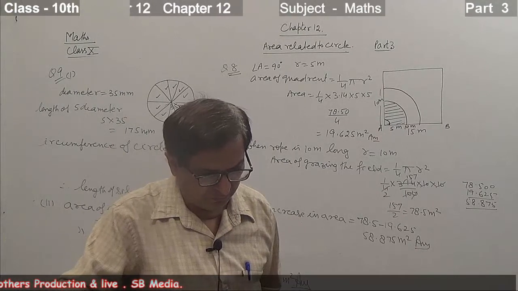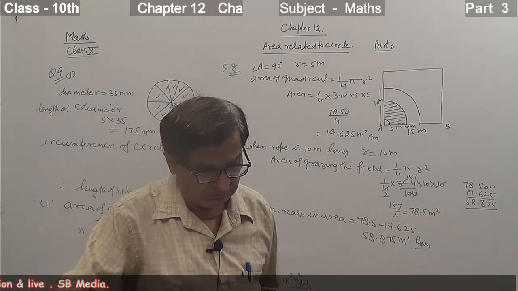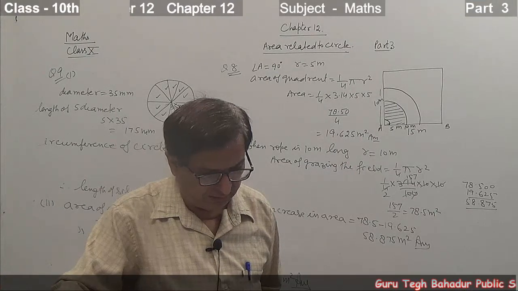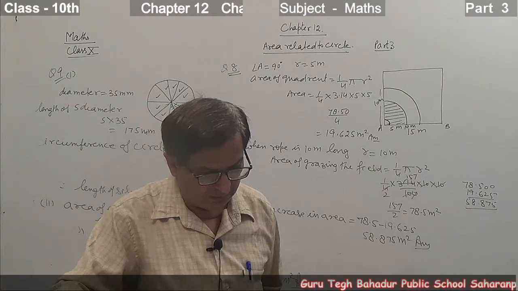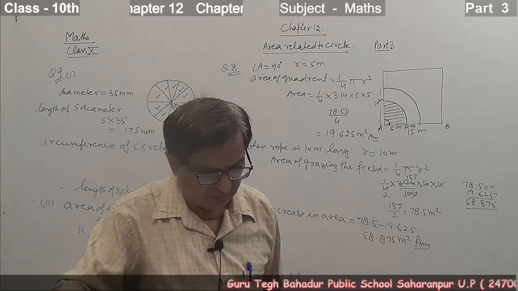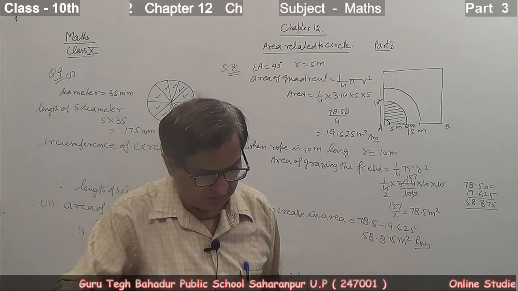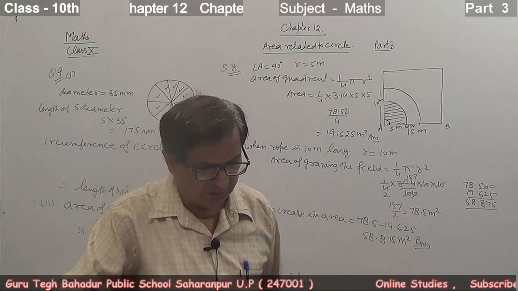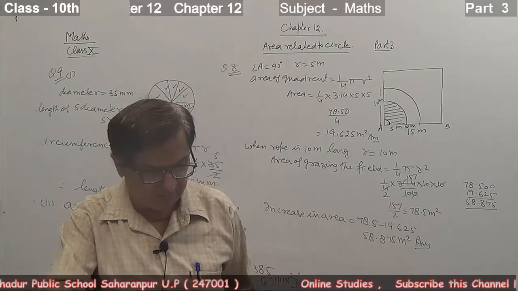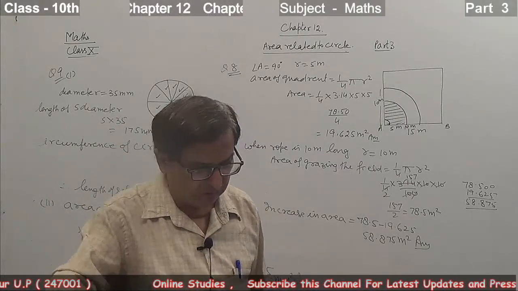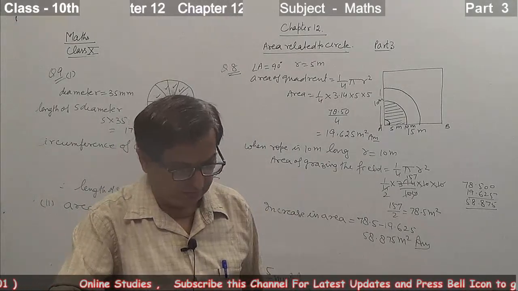Also question number 11, the area of two wipers which do not overlap. Each wiper has a blade 25 centimeter long sweeping through an angle of 115 degrees. So the radius is 25 centimeter, the angle is 115 degrees. So you can find the area of the sector.